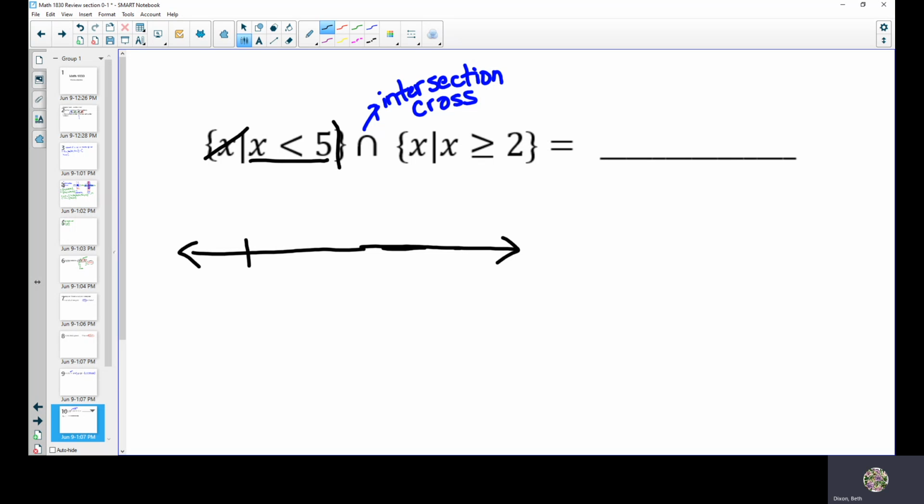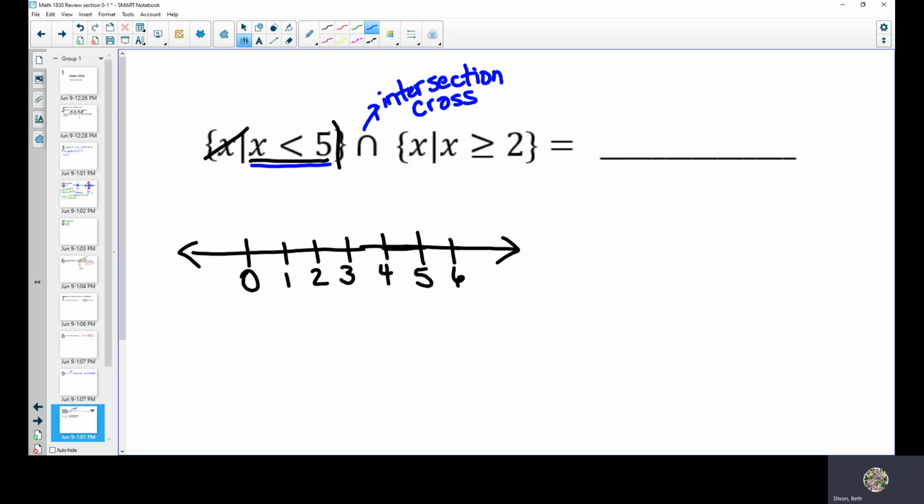So I'm going to put my 0 down here. And then 1, 2, 3, 4, 5. I'm going to put a 6 just so I know which direction I'm going. Then I'm going to do each of these in a different color so I can see. So I'm going to do this one in blue. So that is x is less than 5.